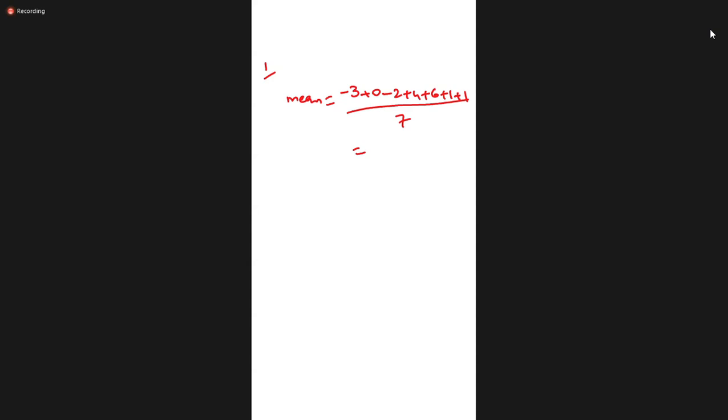What you get is 10, 12 minus 5, 7. 7 by 7, 1. They are asking the mean of the distribution. Concept, go through. 15 already they gave, plus 1, 16.